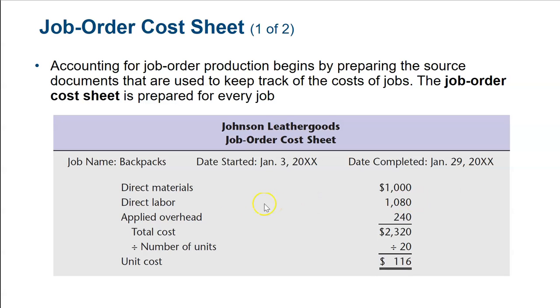And so we have our direct materials here, $1,000. Our direct labor was $1,080, and then again applied overhead $240. So our total cost, our total product cost, not just total cost, but total product cost is $2,320. We made 20 units. So these are some pretty nice backpacks because our unit cost is $116 per backpack.